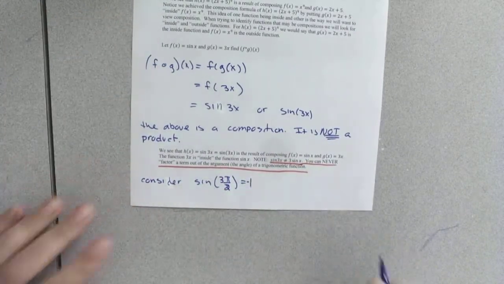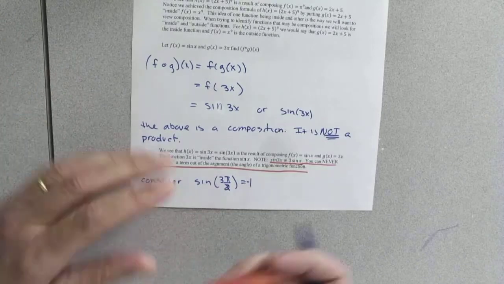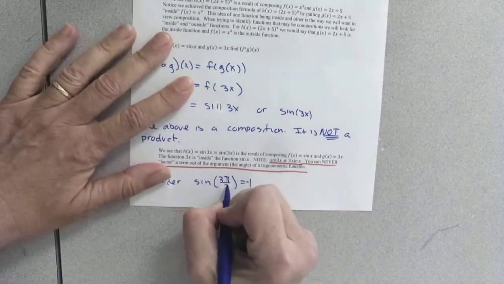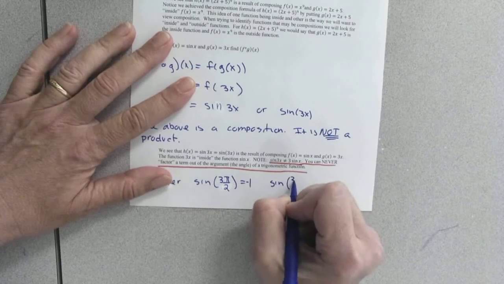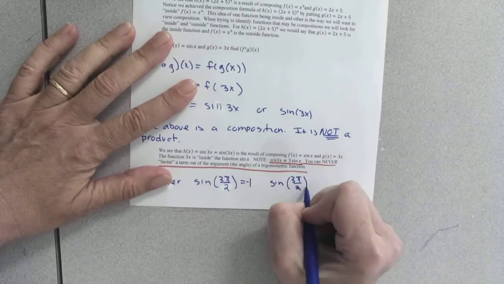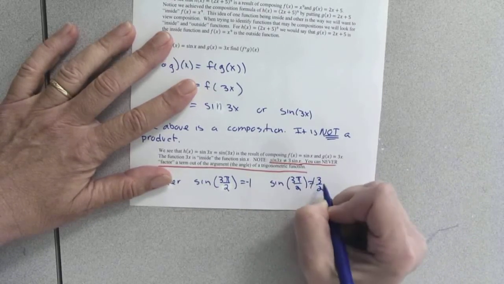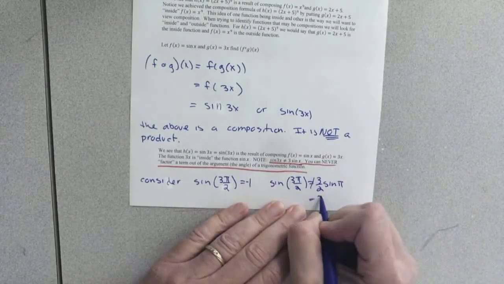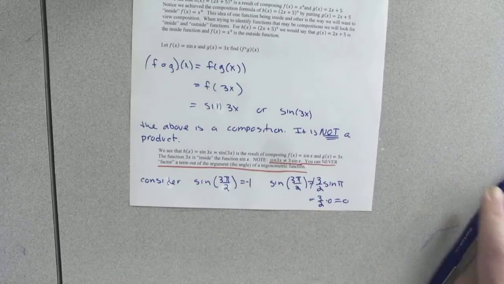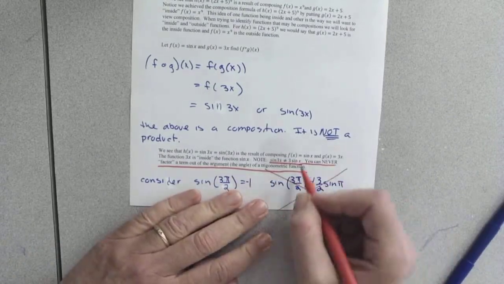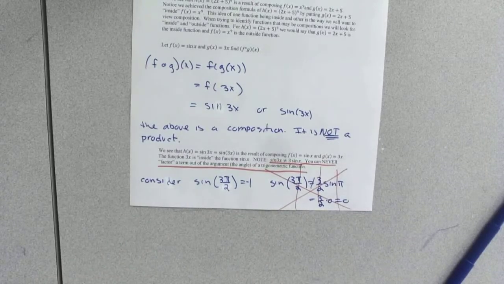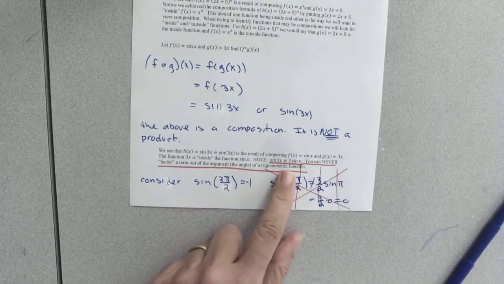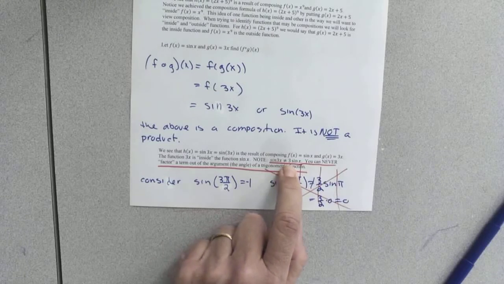We all should know that sine of 3 pi over 2 is negative 1. It's certainly not what you get if you factor out the 3 over 2, which would give me 3 over 2 times sine 0, which is 0. That's just completely, absolutely bogus, wrong. You can't factor out from the argument of a trig function. And if I see that, lots and lots of points taken away. You cannot do that. It's just wrong.